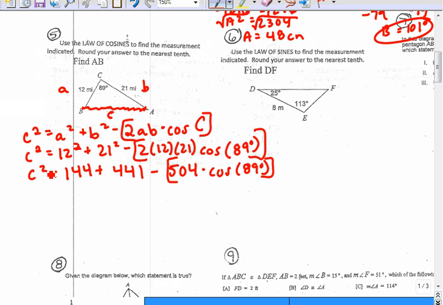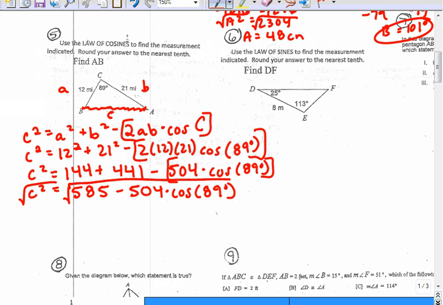Okay, 144 plus 441 is 585, sorry. Minus 504 times the cosine of 89 degrees equal to c squared. I can square root both sides.